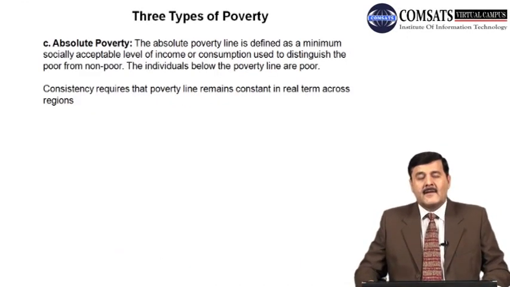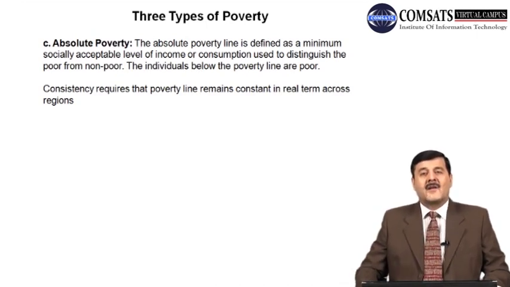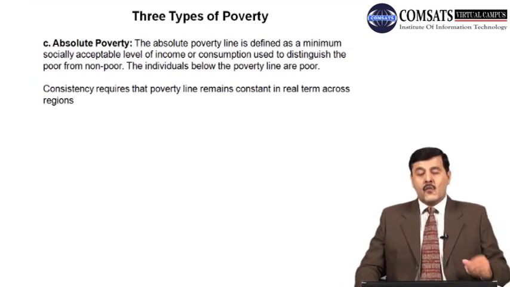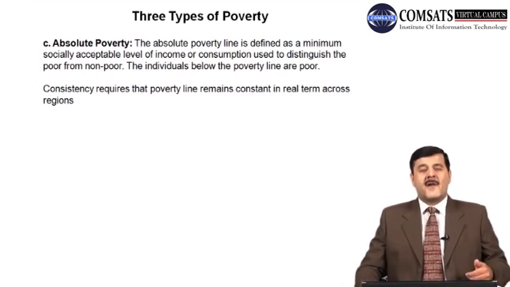The third type of poverty is absolute poverty. The absolute poverty line is defined as the minimum socially acceptable level of income or consumption used to distinguish the poor from non-poor.